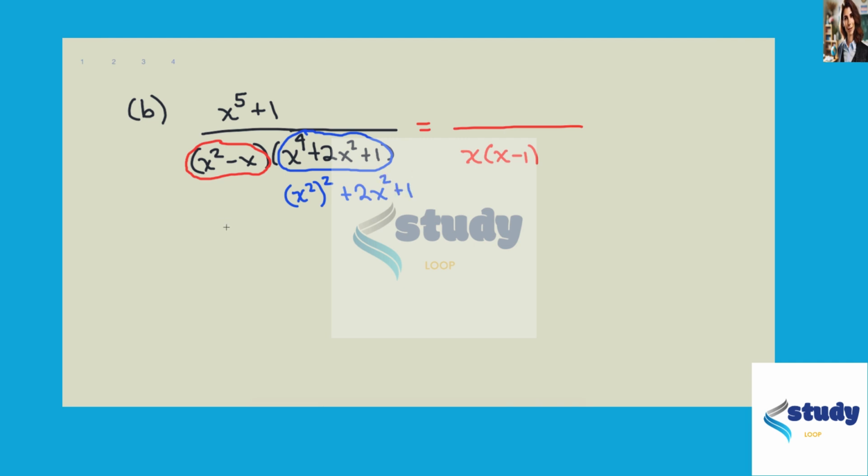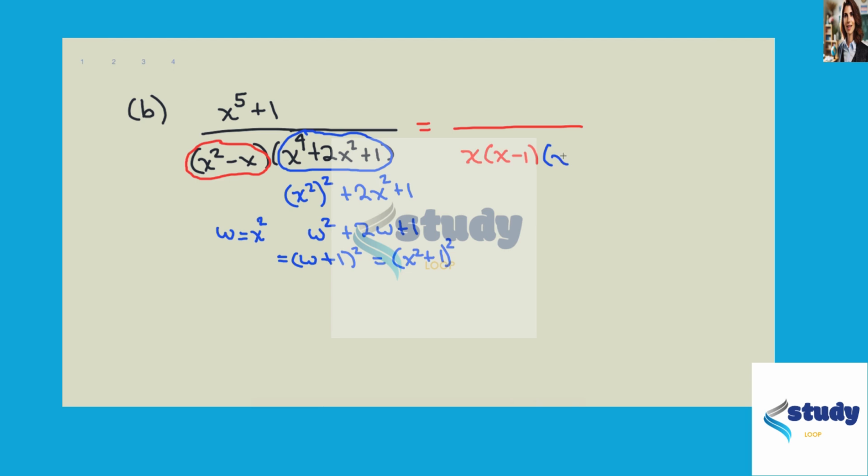Or if you want, let's replace x squared with another variable. This quadratic just becomes w squared plus 2w plus 1, which we know is just w plus 1, all in parentheses squared. And then going back to x, we can write it like this.